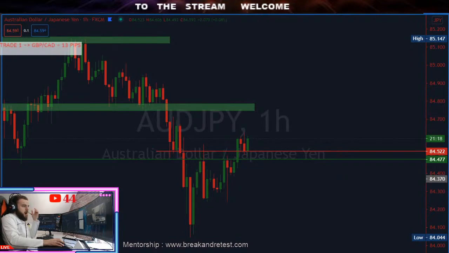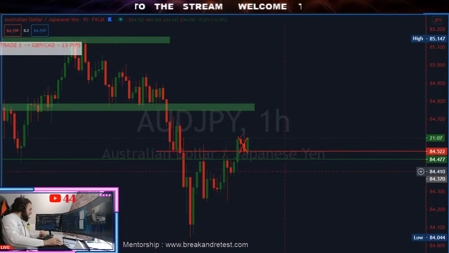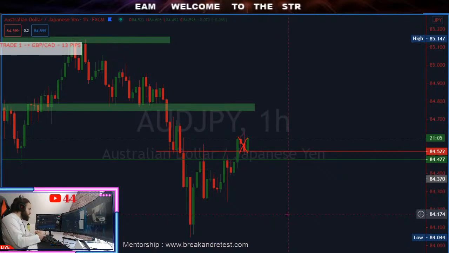So let's see. When we see the trade, this was not there, right? So there is the break, and to see the level, this was the level I saw because there is the close. This is the level.